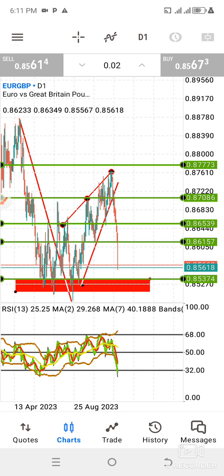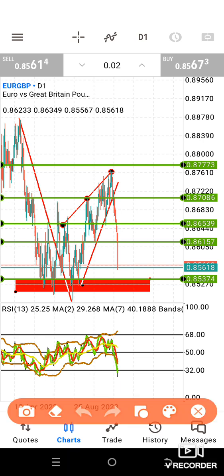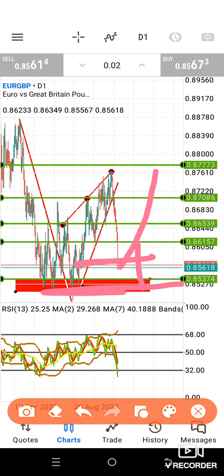So we are expecting this market by Monday to pull down here. But if this market should buy, it's going to be a fake out, because this market has not reached the support.